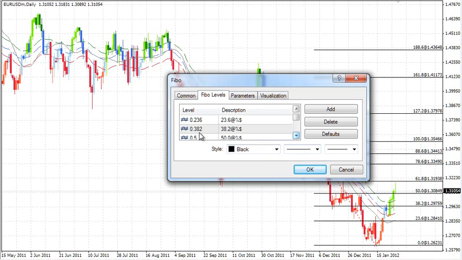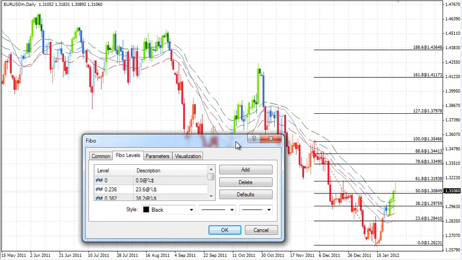So notice I'll use a number of levels here, 23.6, 38.2. The level in terms of the first column here, that's the actual calculation. And by the way, what is this calculation? This is a percentage of the overall move. So if I've basically identified that there is a move that's carried prices from this high here to this low down here. And you know what? Let me go ahead and put this in a color that everybody can actually see.